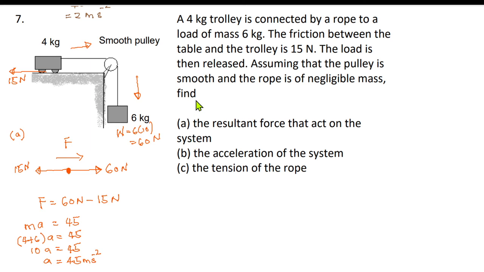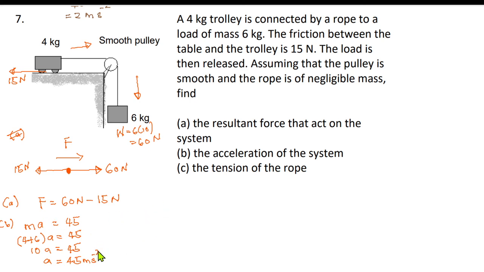So let's go back here. The resultant force that acts on the system will be 45 Newton just now. So I have to cancel this. Here is my A, here is my B. So the acceleration is 4.5 meter per second squared.